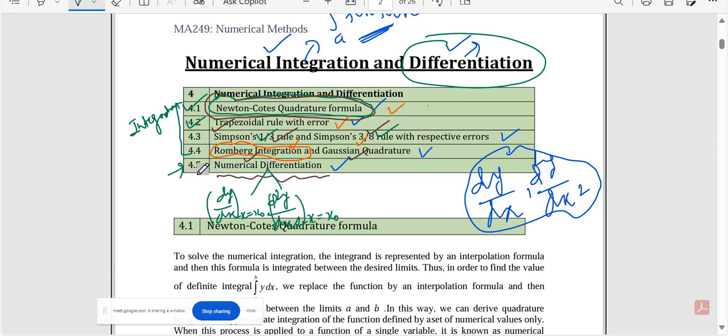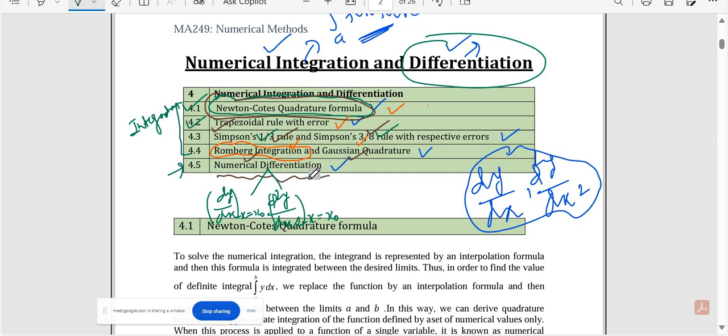We go for the forward difference and backward difference table, and from that we will calculate the value of the differentiation at that point. Clear, everybody? Understand?